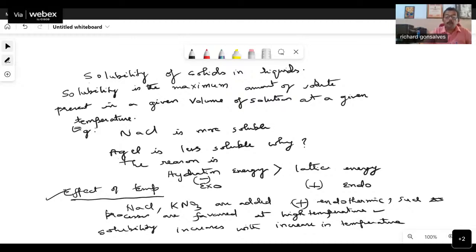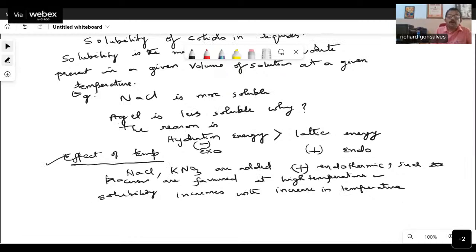Now we check. If you take salts such as sodium carbonate, lithium carbonate, they are exothermic.